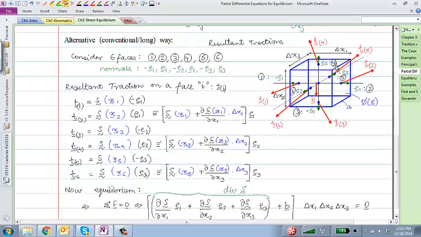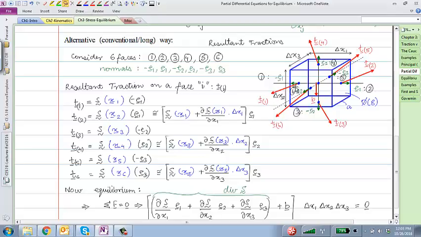I've of course marked the 6 faces 1 through 6. Each face has its normal plus minus e1, e2, e3. And on each face, I'm drawing these red arrows also. So the normals are in green, but there are these red arrows, which are the traction vectors acting on those 6 faces. And clearly, you can see that those traction vectors need not be along the normal, right?